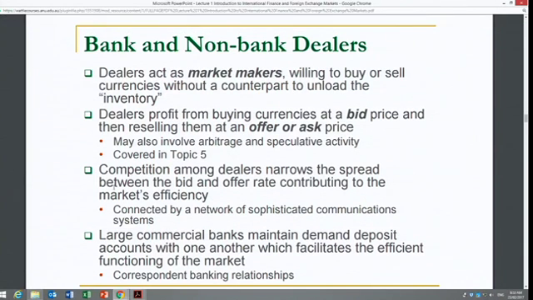So these banks typically would have a lot of sophisticated communication systems that would work almost 24/7 in order to facilitate trades. And a lot of these commercial banks will maintain demand deposits with one another, and that will facilitate the efficient functioning of the market. Okay, why do these banks have all these demand deposit accounts that would hold different foreign currencies? Well, depending on their operations and objectives, different banks may want to hold different inventories of currencies.